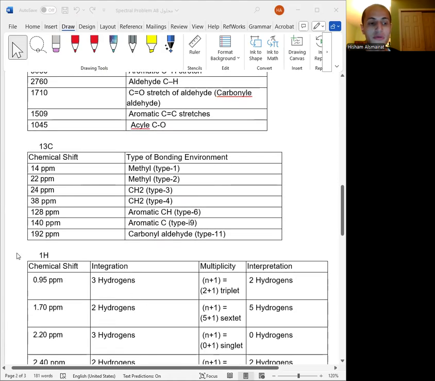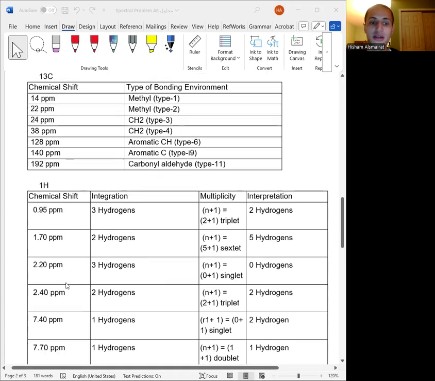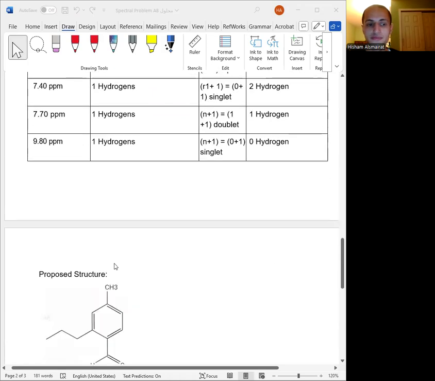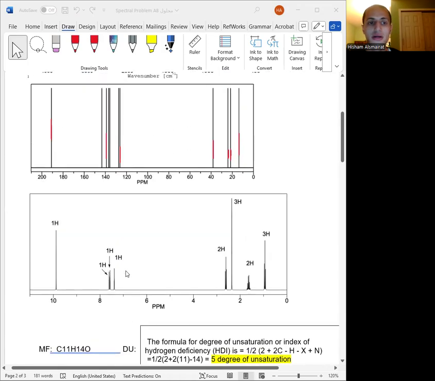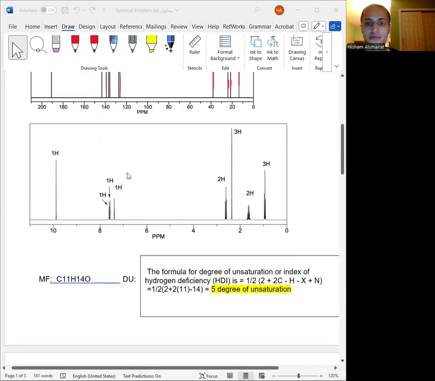And this is my 1H table, which has chemical shift, integration, multiplicity, and interpretation. And this is the graph of it. At 0.95, integration is 3H, multiplicity is triplet, interpretation is two hydrogens, which means it couples to two equivalent neighbors.